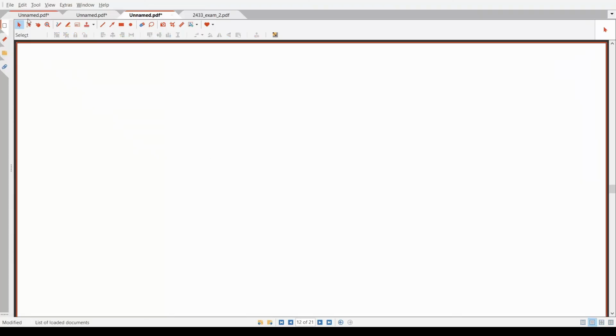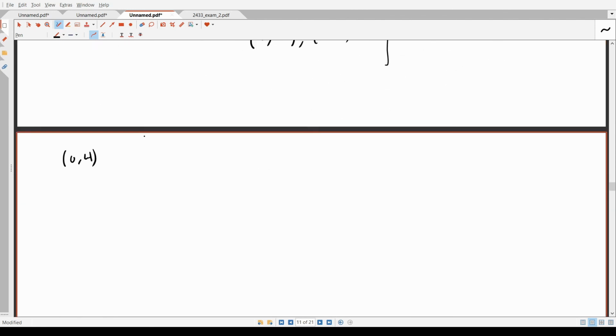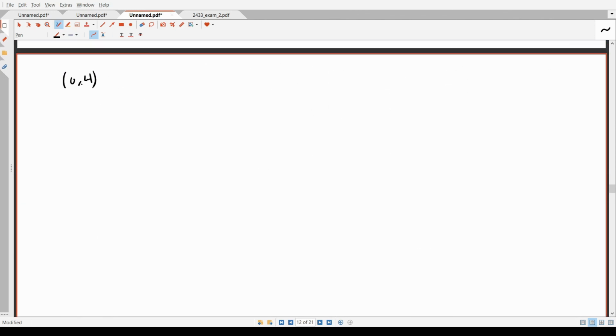Okay, so trying this again, we want to find the point that's closest to the point (0, 4). So the function we want to minimize is the square root of (x minus 0) squared plus (y minus 4) squared.